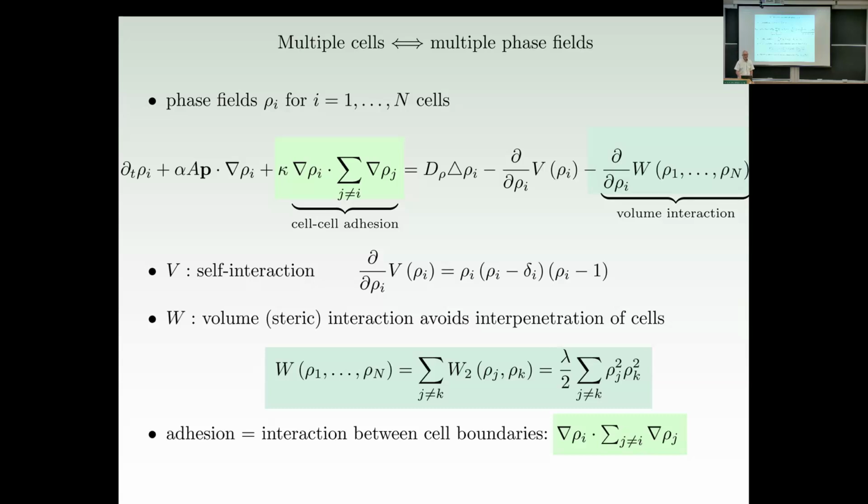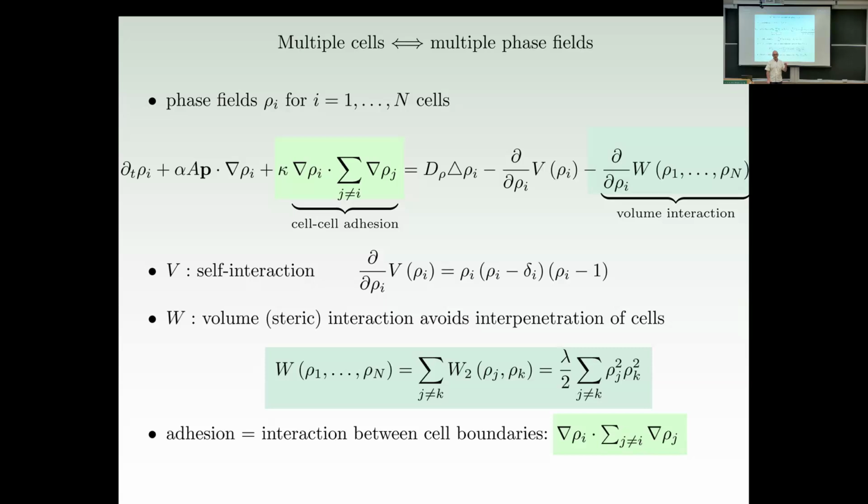The self-interaction term, it favors rho 0, rho 1. Yeah, so when it's self-interaction, why is this delta I? Which one? This one. Oh, this delta is a number which controls the volume of the cell.